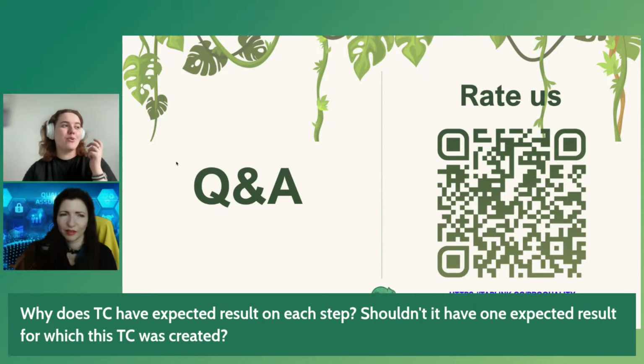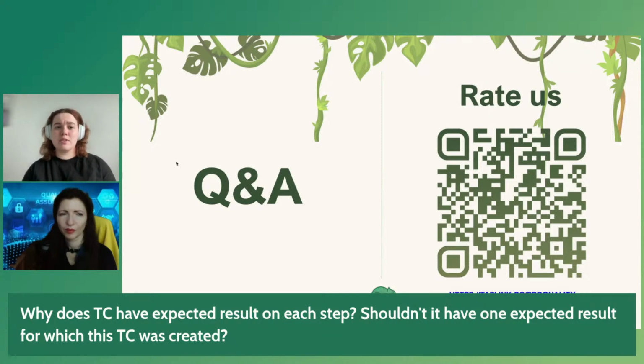First of all, it's more correct from the meaning of the test case. And second, it's about the specific functionality, and we need to understand exactly that the whole flow is correct, that we navigate to the proper page.